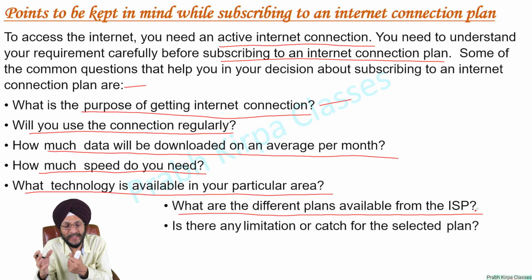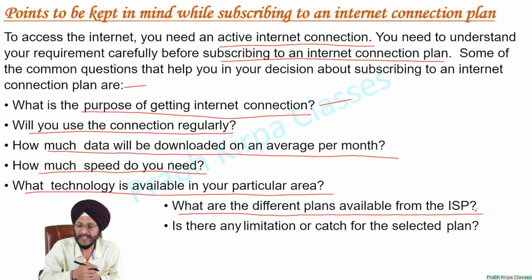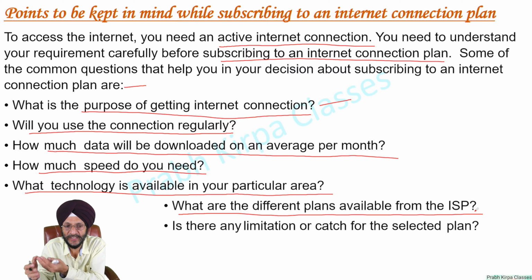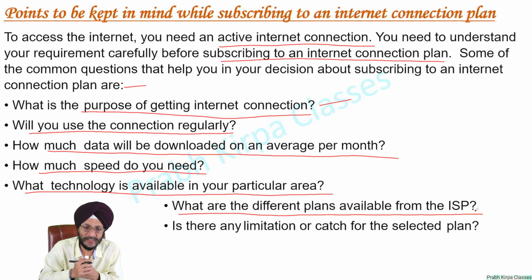Now there are many internet service providers in different parts of the city or in each and every part of the world, so we have to go through the different plans. What is the price and what type of service are they providing us? Suppose one provides 1 GB of data for $1.